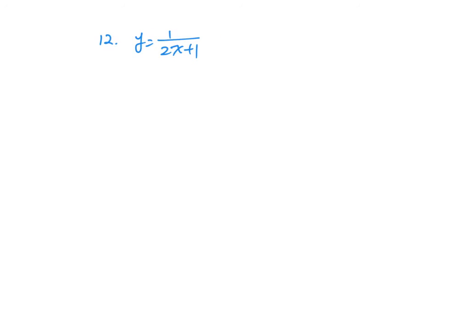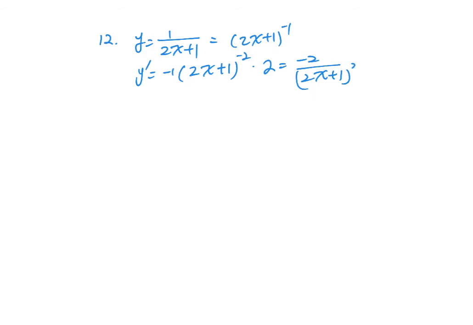Number 12. Again, same thing. I'd rather do it as a power rule. Negative 1, 2x plus 1 to the negative 2, times the inside, 2. So that just becomes negative 2 over 2x plus 1 squared. Number 13, y equals, squared.